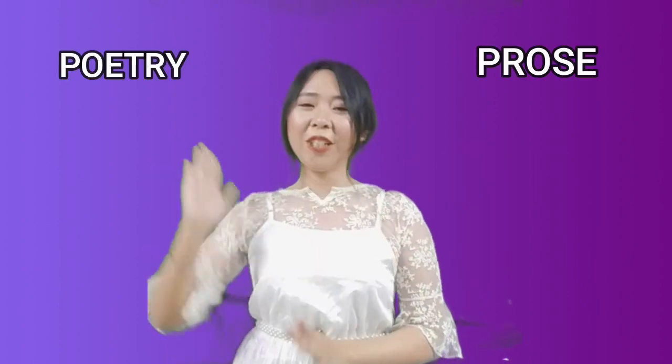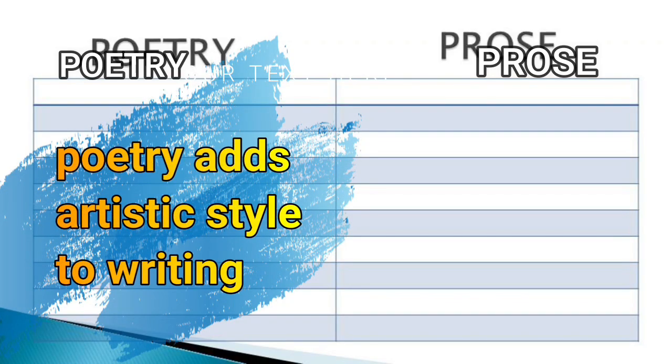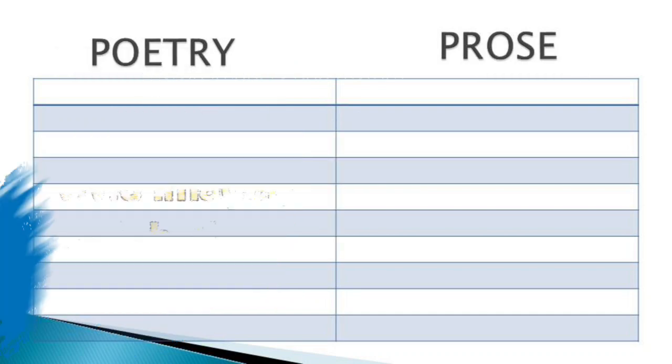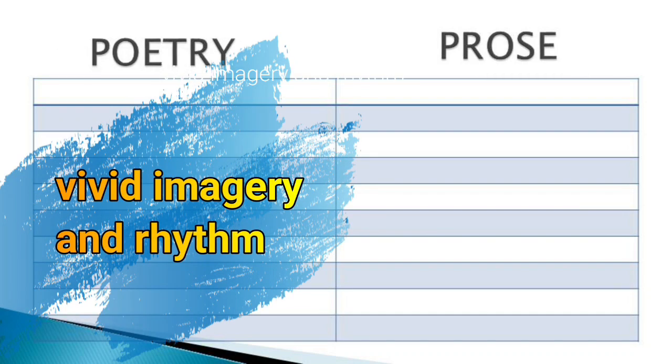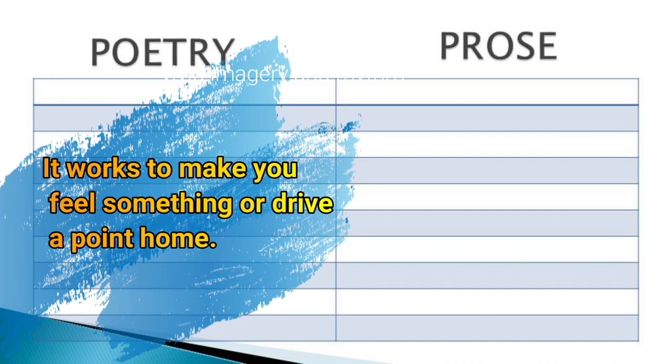So Emma, can you tell our audience what is the difference between prose and poetry? Alright, so to tell the difference, let's have 2 columns. One is for prose and one is for poetry. Poetry adds artistic style to writing. Poetry is all about vivid imagery and rhythm. It works to make you feel something or drive a point home.